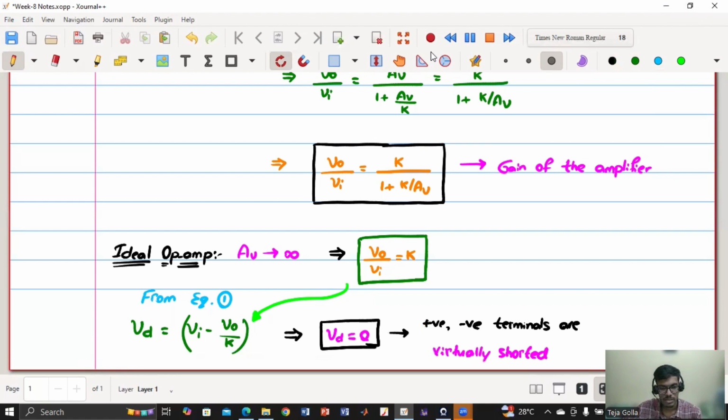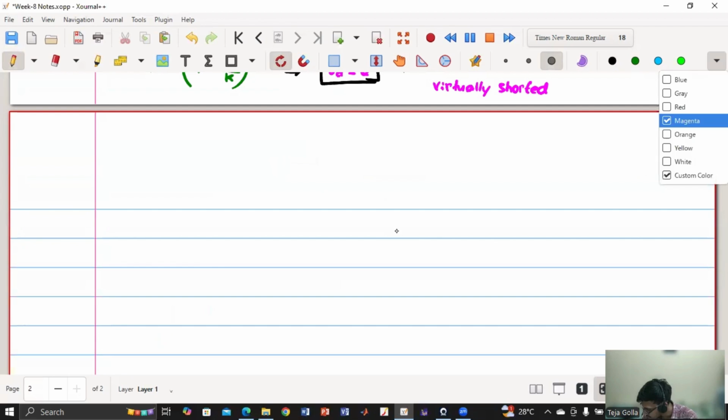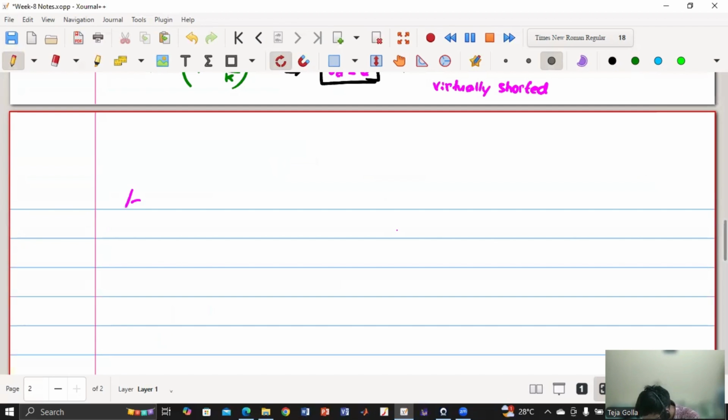So that part is very important. So let me write this in the new page. So we are considering an ideal op amp. So what happens for an ideal op amp? First of all, gain will be infinite. So AV is equal to infinite.